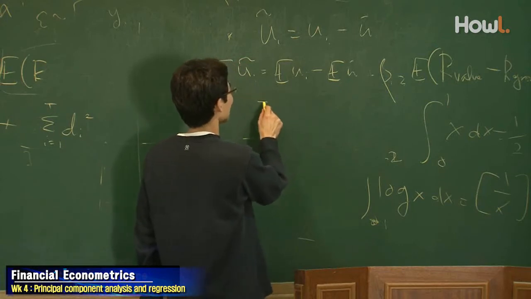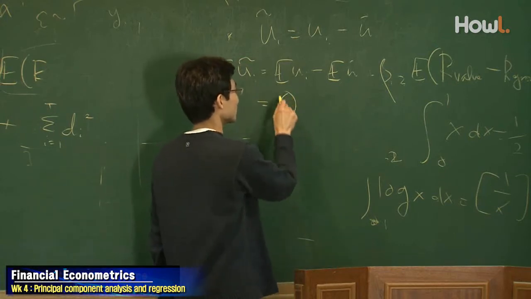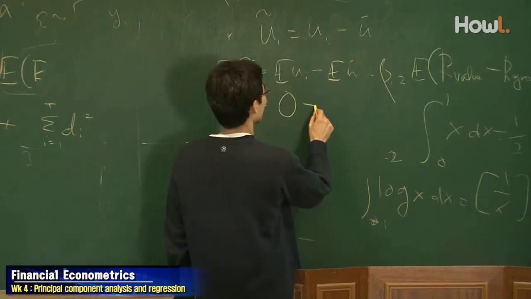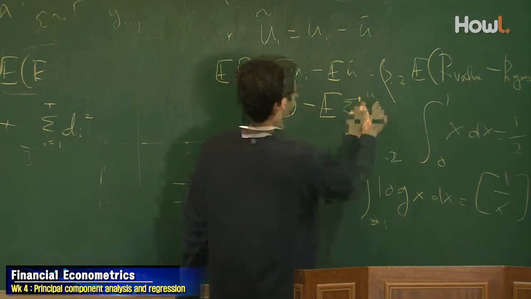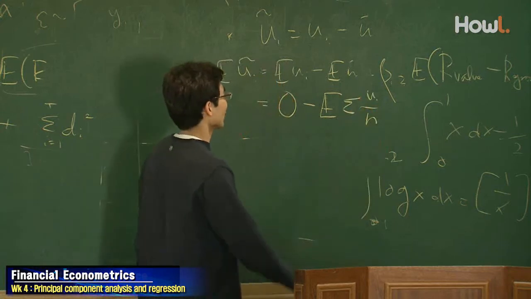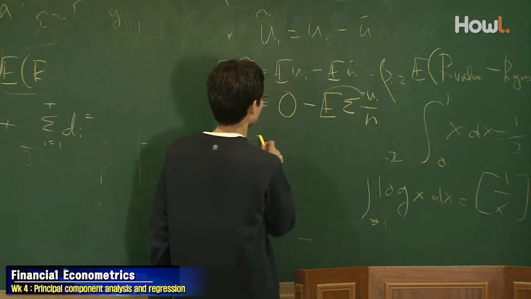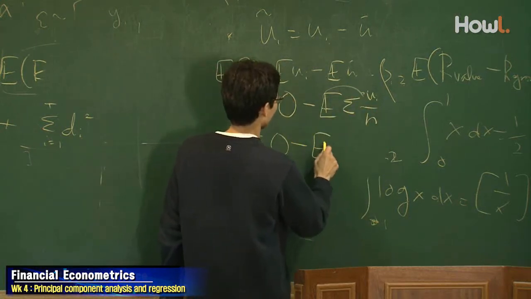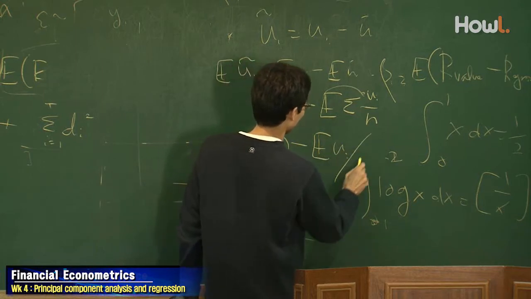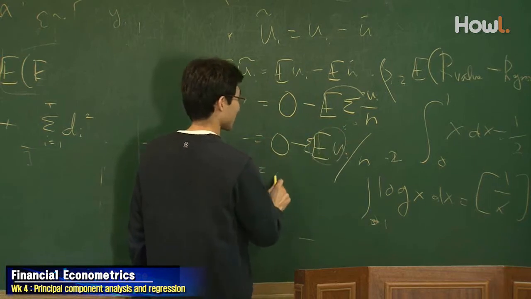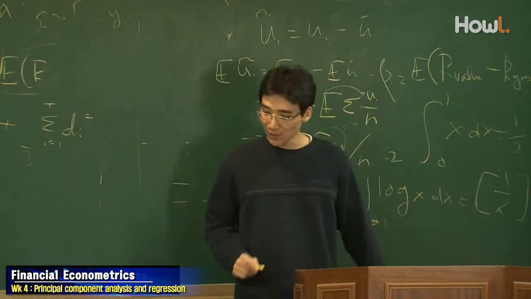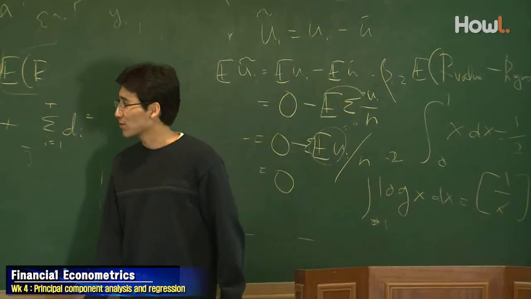And by the definition in the original setup, this is 0, right? And this u bar is simply the expected value of the sum of 1 over n, right? Because this is an average. And you can put the expectation inside, so 0 minus the expectation of ui divided by n and summed. But this is all 0, right? So this is 0.